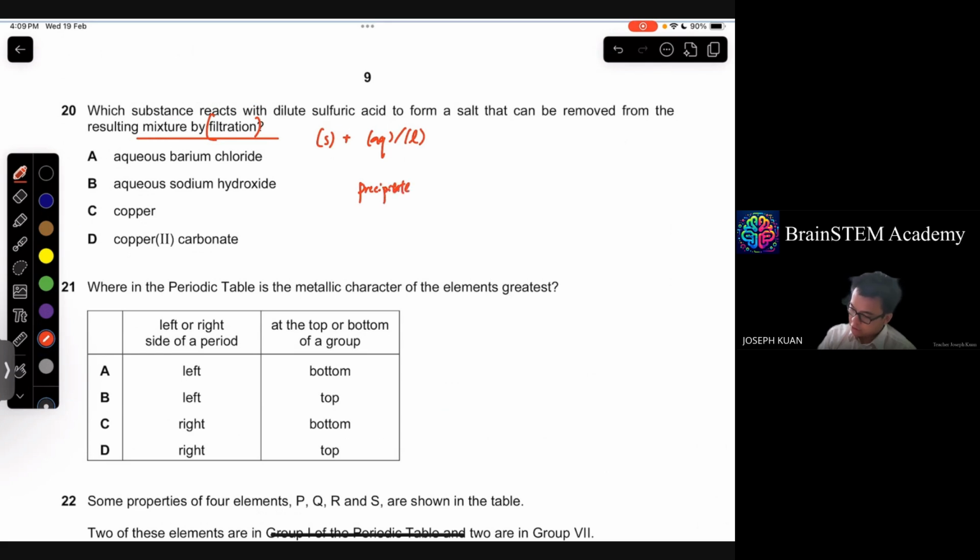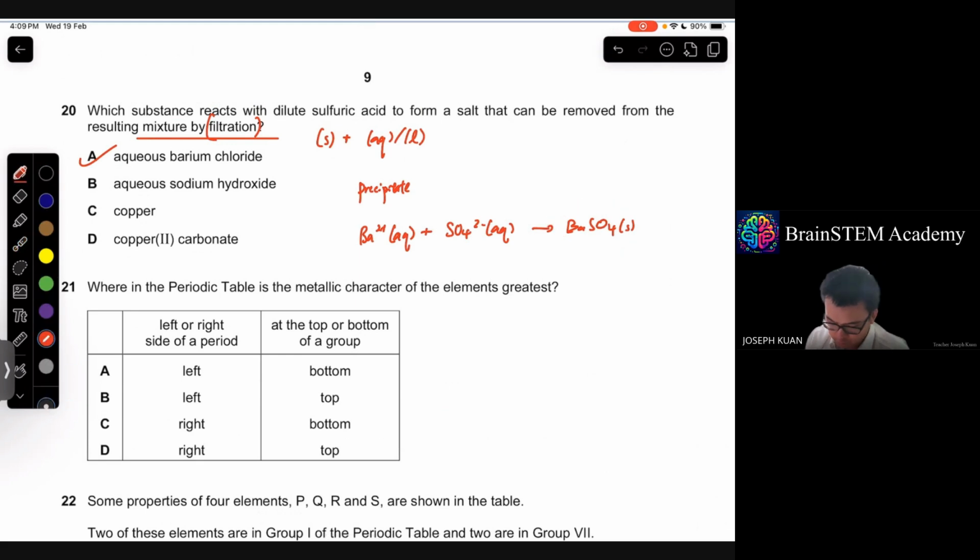So we want to remove the salt that is insoluble, which forms a solid. To form a precipitate with sulfuric acid, we need barium chloride, as the barium ion is capable of reacting with the sulfate ion from the sulfuric acid to form insoluble barium sulfate, and this can be removed by filtration.